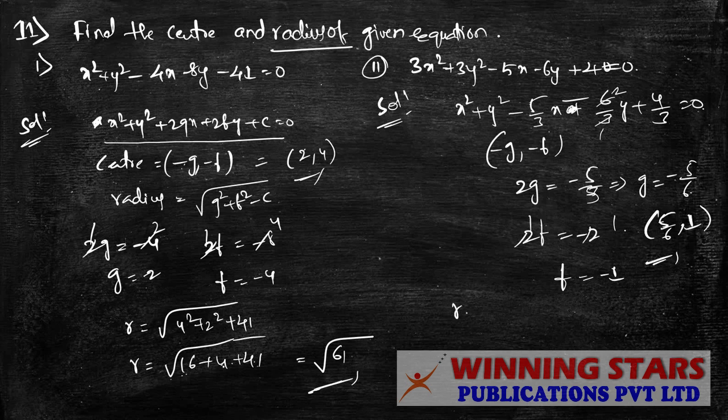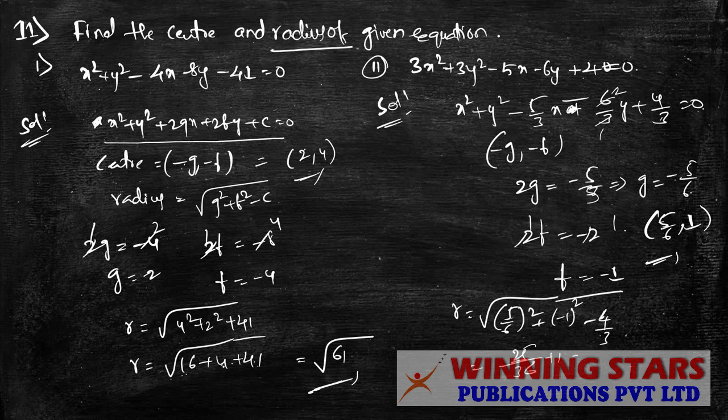Now r is equal to under root of g square plus f square minus c. g square is 5 by 6 whole square plus f is minus 1 whole square, and c is 4 by 3, so minus 4 by 3. So it will become 25 by 36 plus 1 minus 4 by 3.